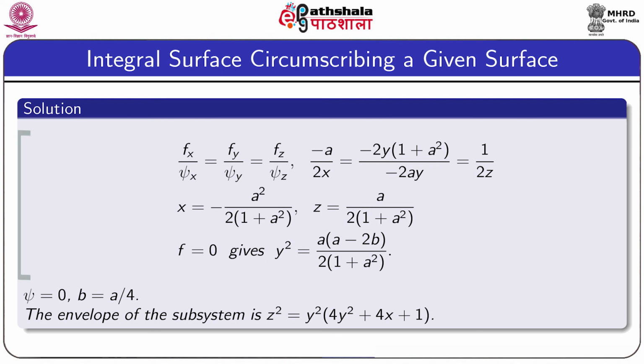If we use this condition where psi is x^2 + y^2 - z^2 = 0, we obtain a functional relation between a and b, which for this case is b = a/4. Now, in the complete integral f = 0, that means z - ax - y^2(1 + a^2)/a - b = 0, if you substitute the value of b as a/4, and calculate the envelope of this one parameter family of surfaces, we get the envelope as z^2 = y^2(4y^2 + 4x + 1).